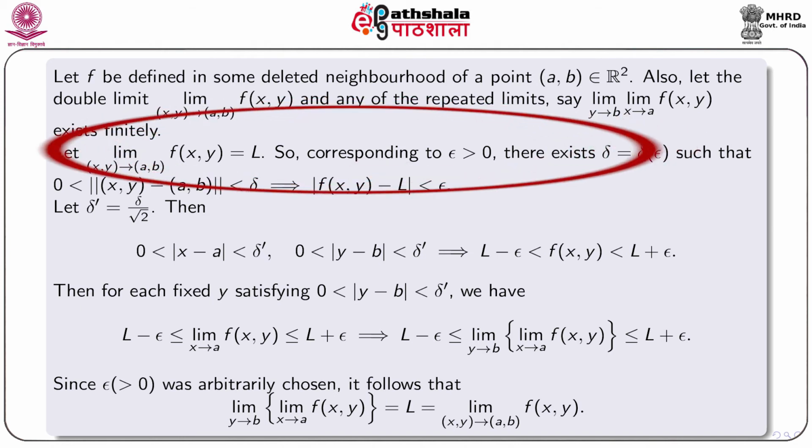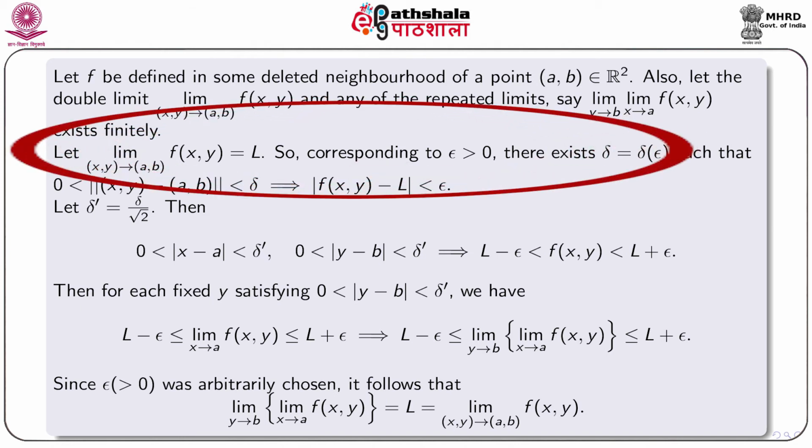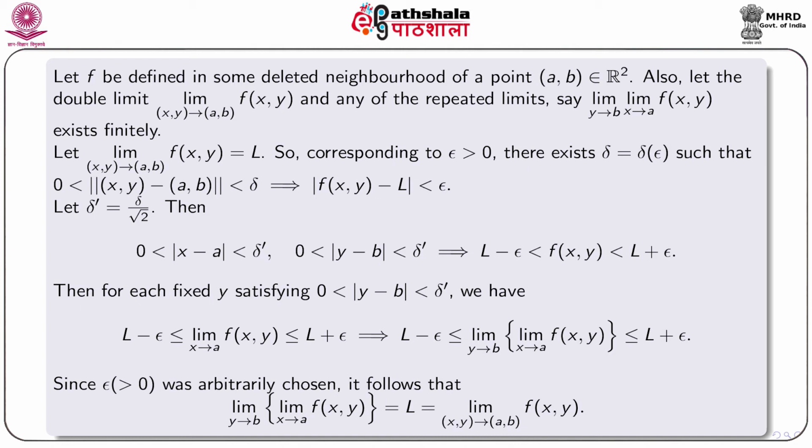Now, let limit of f(x, y) as (x, y) approaches (a, b) be L. From the definition of limit, corresponding to any epsilon, we can find a delta such that whenever the distance between the points (x, y) and (a, b) is less than delta, we have the difference between f(x, y) and L less than epsilon.